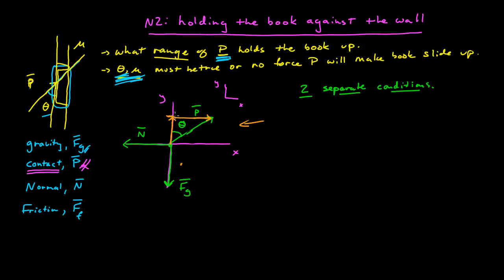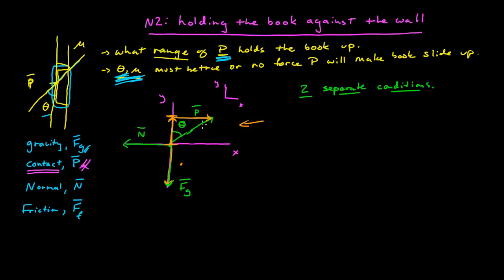And at the point where the component of this pushing force is the same magnitude, but in the opposite direction, as this force due to gravity, at that point, the frictional force goes to 0. There is no frictional force at that moment, because the vertical component of the pushing force exactly matches the force due to gravity.